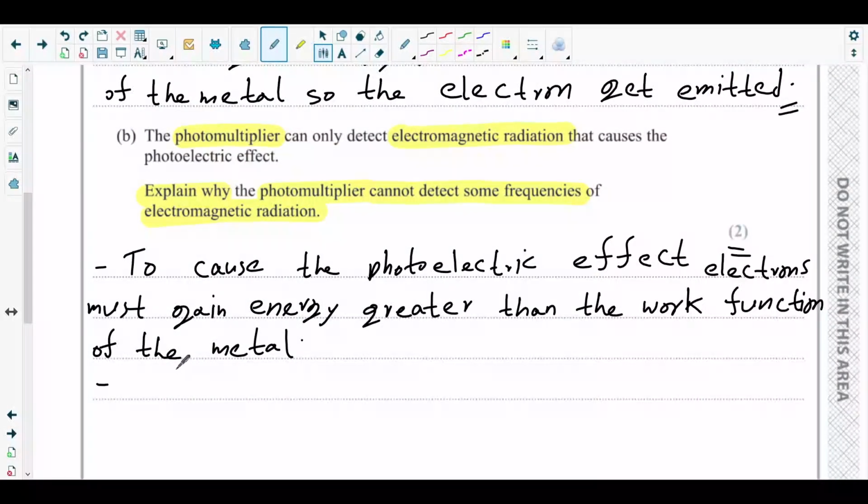We know that the photon energy is proportional to the frequency. So that means not all frequencies of electromagnetic radiation are above the threshold frequency.